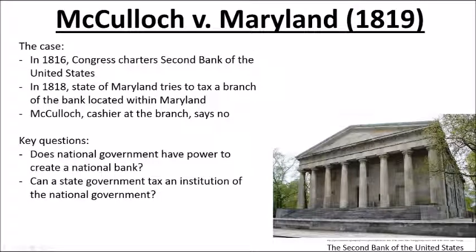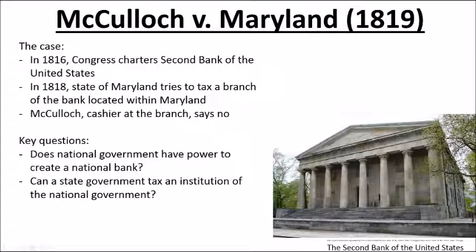All right, so the first one I want to talk about, just to give you an overview, to make sure we understand what these cases are all about, is McCulloch versus Maryland from 1819. The basics of the case is in 1816, Congress created a second Bank of the United States for some general purposes: to control currency, to make sure the United States was still using one specific currency, and that the states weren't using different forms of money.